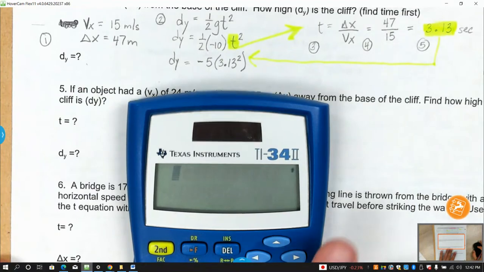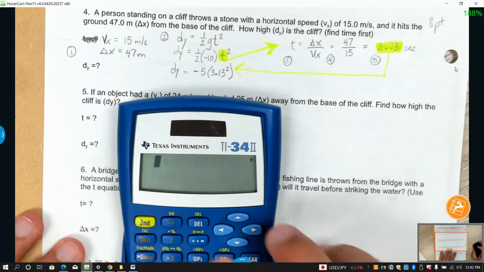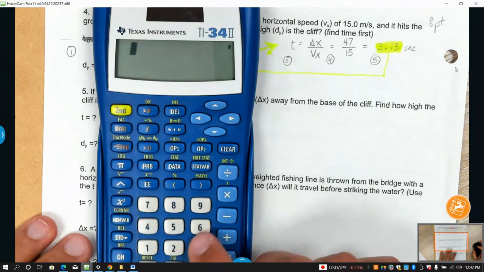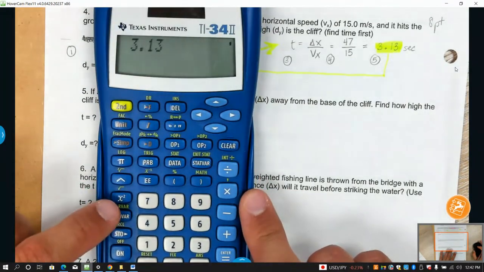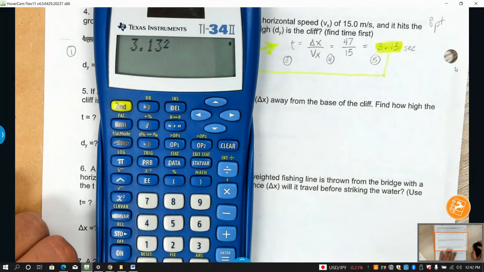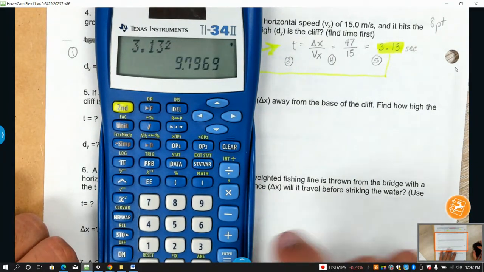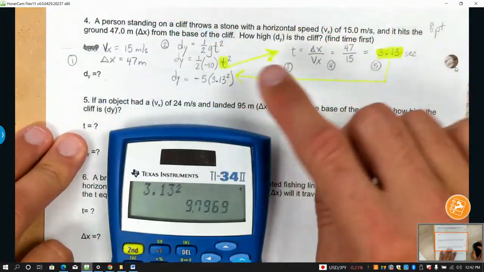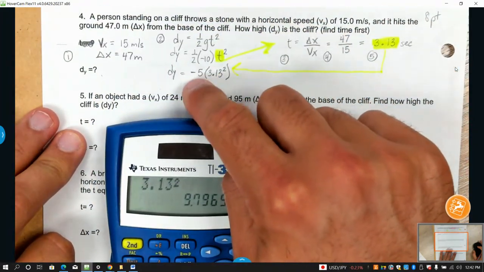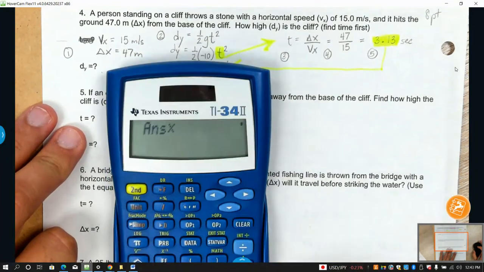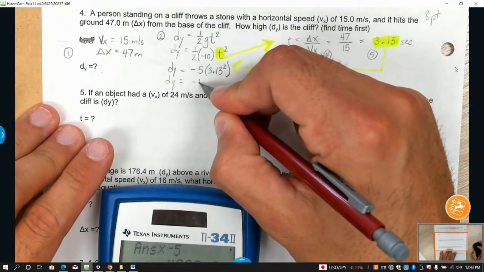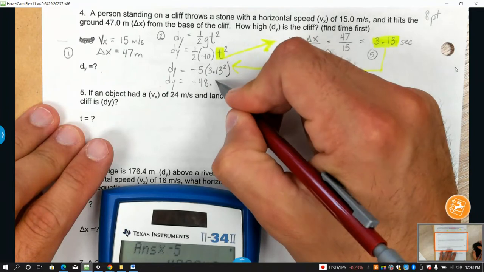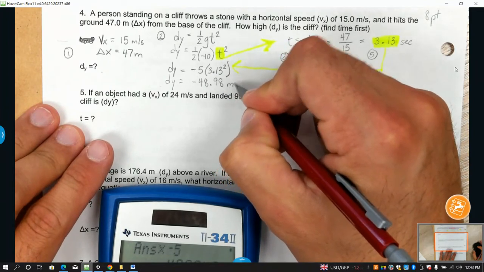If you're not sure how to type it in or where the squared button is on these calculators, 3.13, see this little x squared button? You press that, a little square symbol pops up, you click on it. And now I want to take that answer and times it by -5. You would get a displacement of negative 48.98 meters, if we rounded it only to 2 decimals.